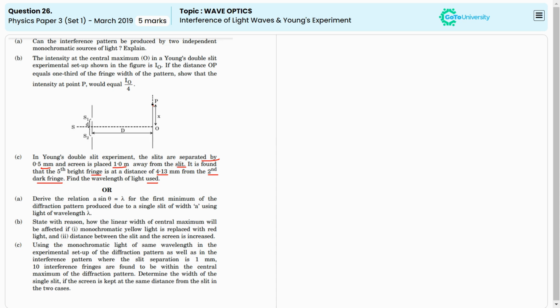Here the distance of the fifth bright fringe from the second dark fringe is given by x equal to 5 times lambda D divided by d minus 3 times lambda D divided by 2d.